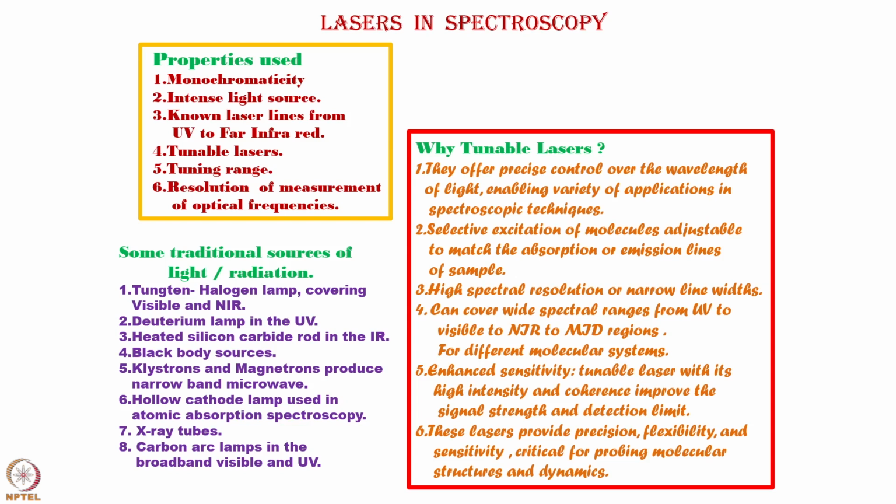As you can see here, I have listed out the properties used: monochromaticity, intensity of the light source. Known laser lines vary from ultraviolet to the far infrared. That means you have so many wavelengths to play around with in your spectroscopic experiments. Then you have the tunable lasers, and obviously the tuning range is very large, and then the resolution of measurement.